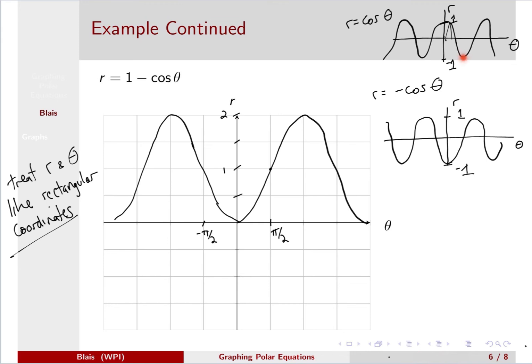And we know cosine of theta hit a minus 1 at theta equals pi, which translates to this peak at pi. And we hit 1 again here at 3 pi over 2, as well as here at minus 3 pi over 2. And we hit 0 here at 2 pi and minus 2 pi.